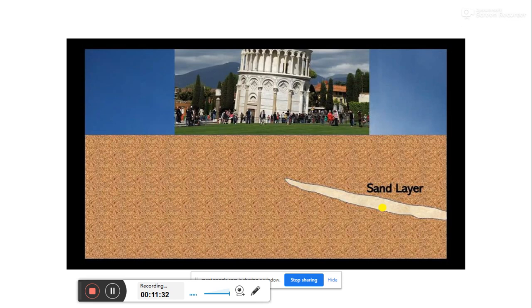After some time the pore water pressure distribution produced different settlement and the tower tilted.